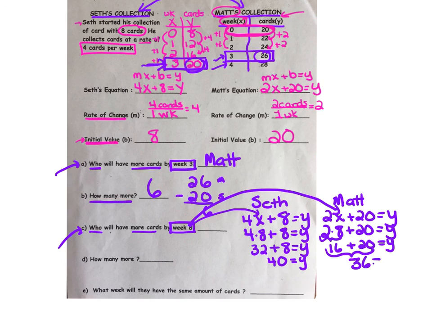Matt will only have 36 cards at this point. So Seth will have more cards. How many more? Well, let's take the 40 cards that Seth has and take away 36. He will have 4 more cards.